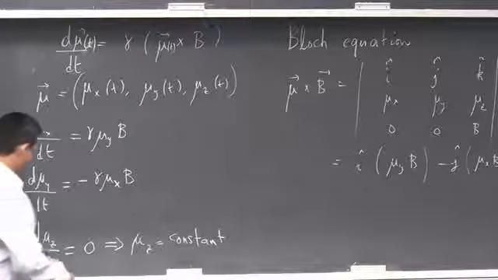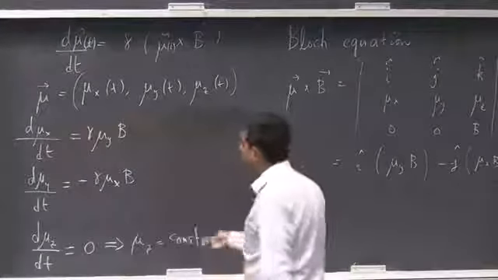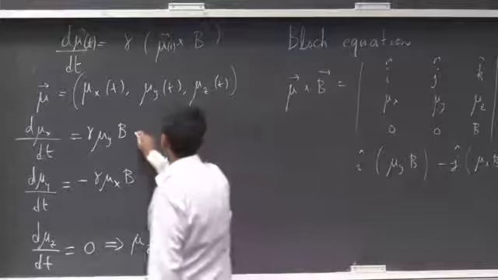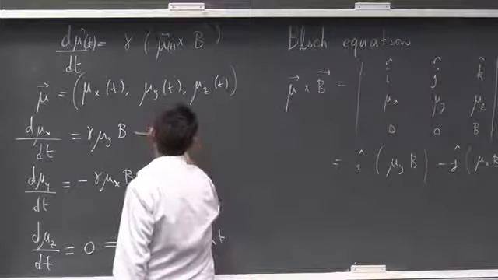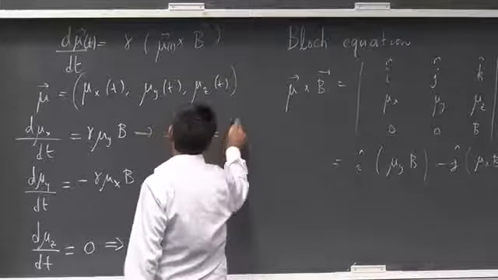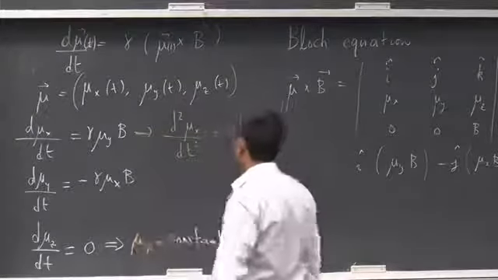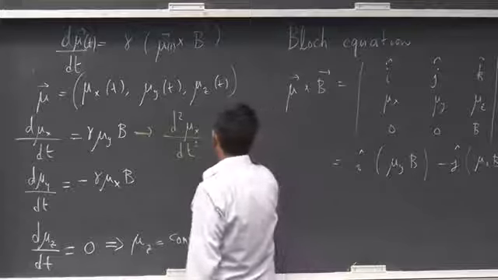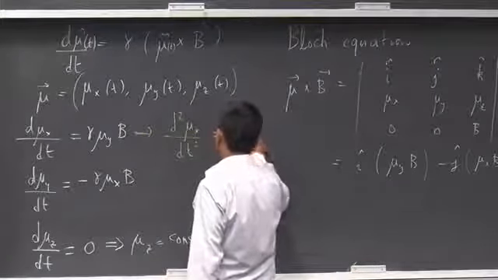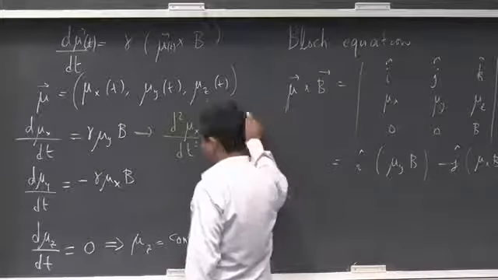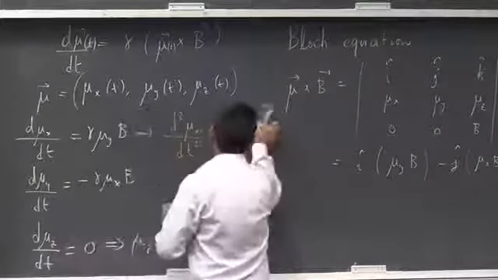Now, if I look at the first, I can solve this. This is just a simple exercise. You can solve this equation. For example, you can take the double derivative, d squared mu x over dt squared, is gamma b d mu y over dt, but d mu y over dt is minus gamma squared mu x b squared, right? Okay, let's do this properly.